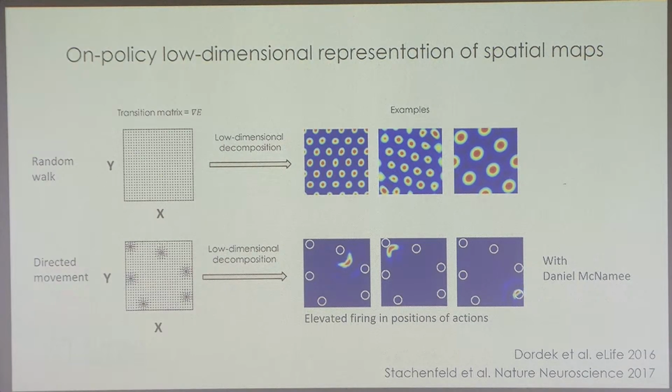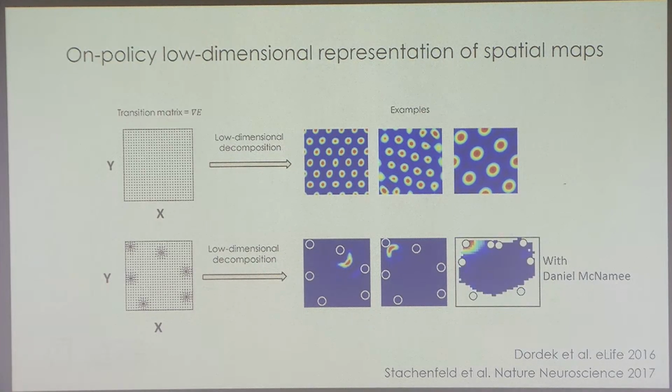I'm happy to talk about this offline, but I just want to mention work we're now doing with Daniel McNamee, where we're doing the same thing only for directed movement. And he sees that he gets elevated firing in the positions of actions under directed movement, at the position where action is possible, the position where the symmetry breaks, a little bit like our cells.